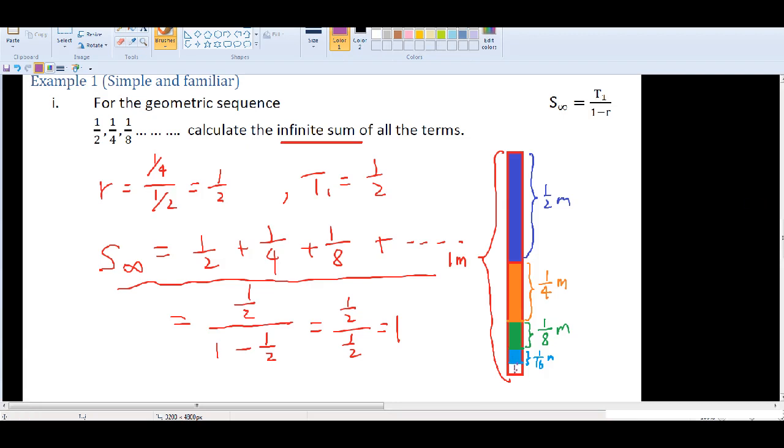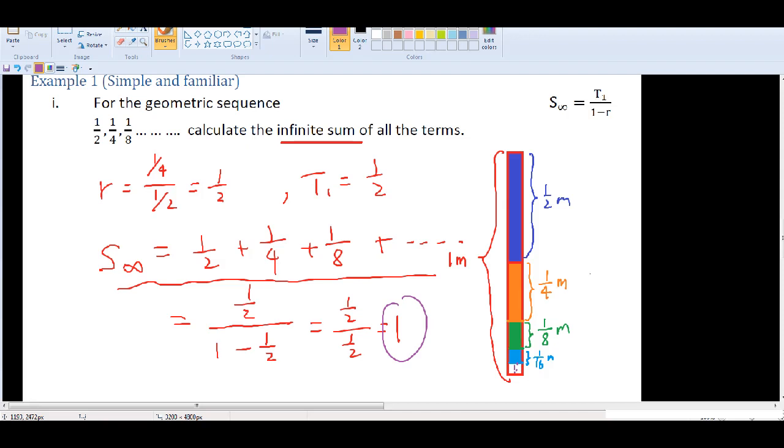So if we add all these cut pieces together, what's the length? Half plus 1/4 plus 1/8 plus 1/16 and so on. Of course, the infinite sum must equal 1 meter because the whole rod is of length 1 meter. So that's why when you get 1, that makes sense.